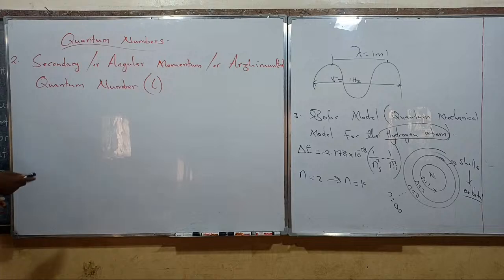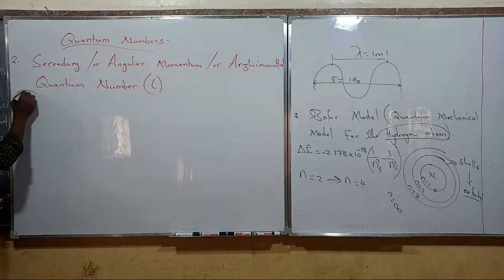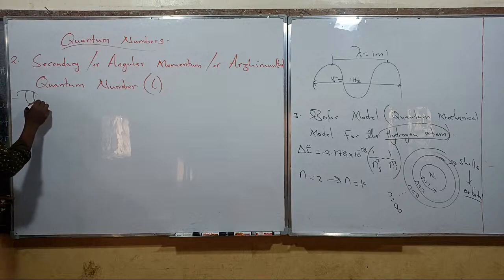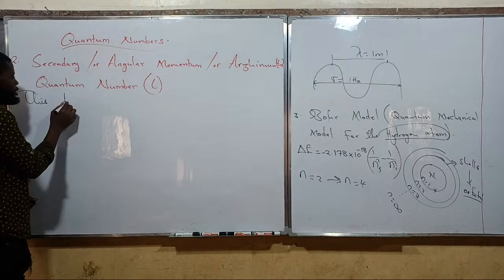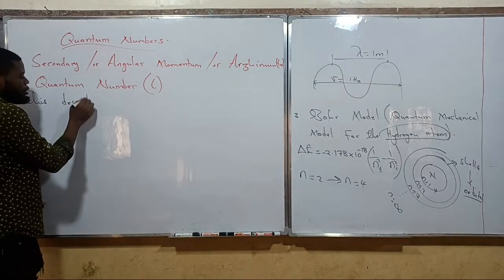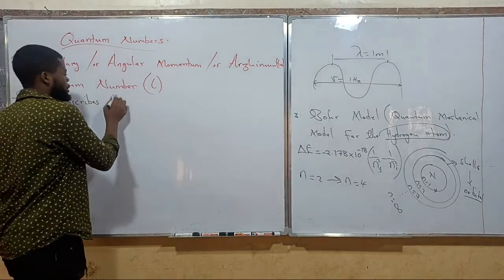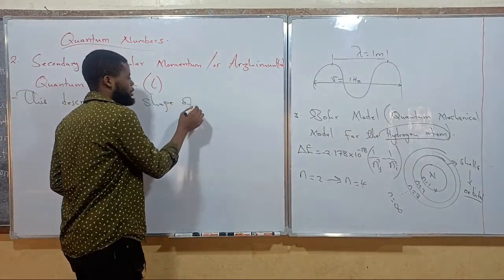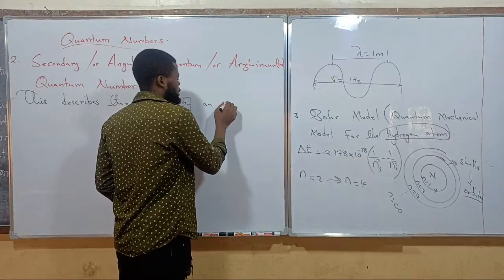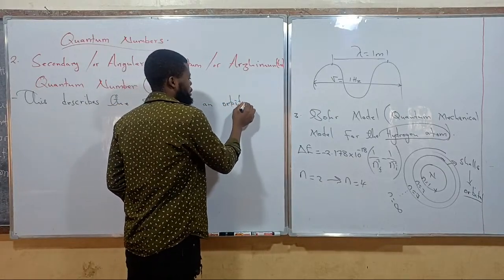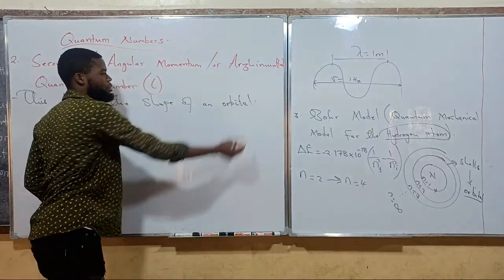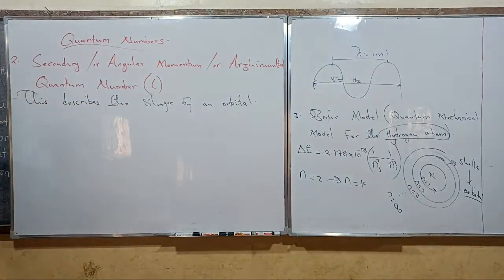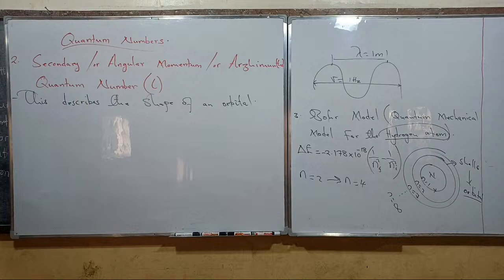It is denoted by small letter L. What does it do? It only specifies the shape. The azimuthal quantum number only describes the shape of an orbital. Now it has values.